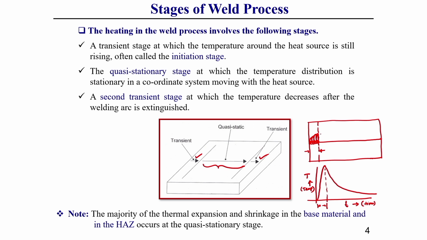After that, once the temperature goes to a particular peak, you will observe that the temperature profile at different locations remains almost the same. Here, the peak temperature, which I have shown at the top of this plate, means the peak temperature of that point.